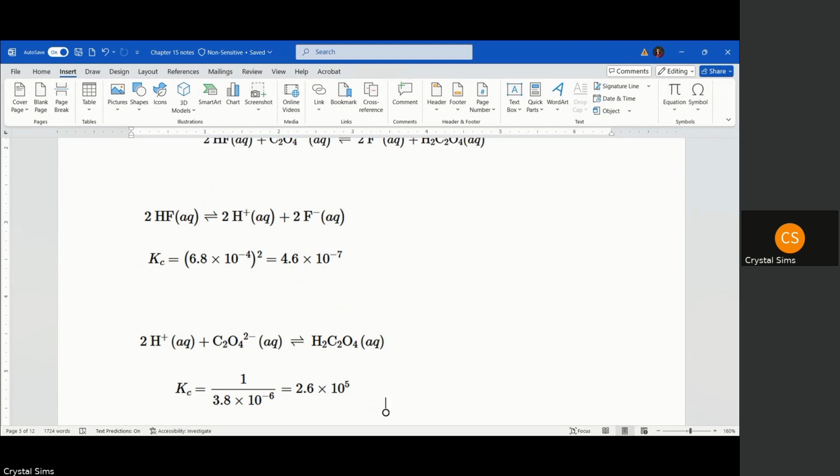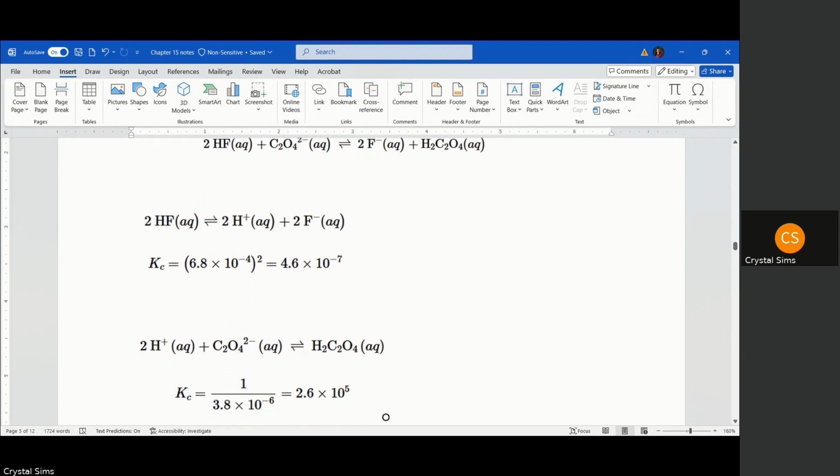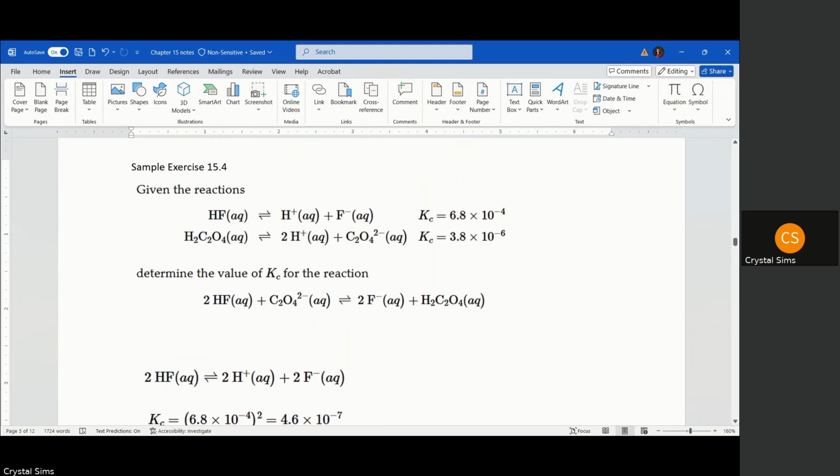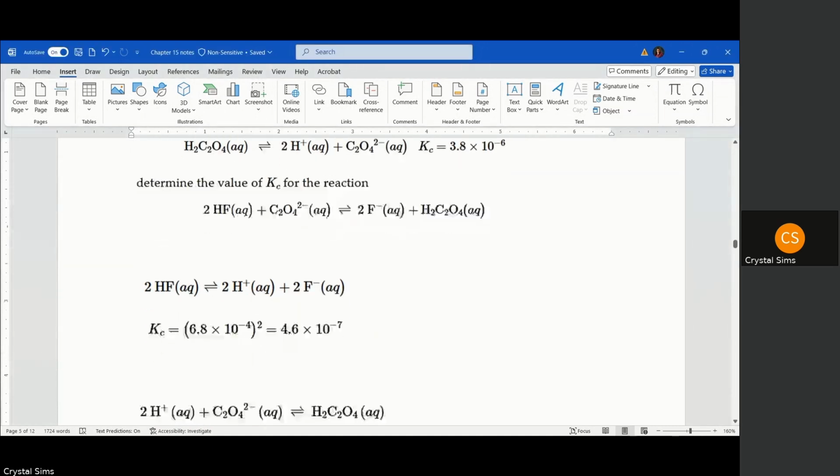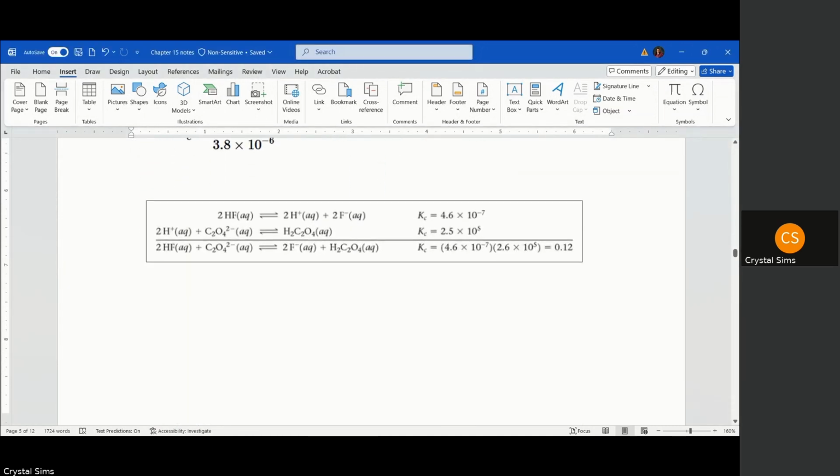So now we've been able to manipulate these two equations to set us up to determine our K sub C of this final reaction. So we'll set these equal to one another, and that gives us this.